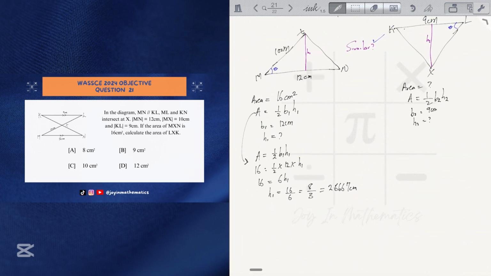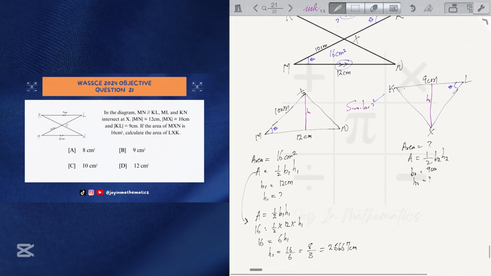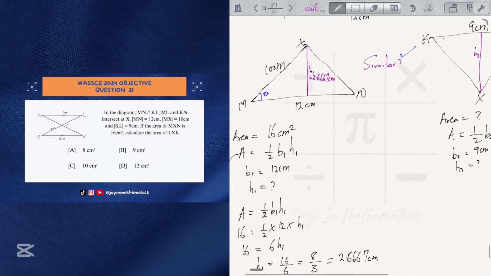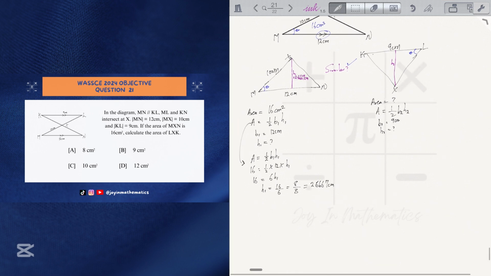So that is the value of H1. We can depict it in this diagram now, that H1 is equal to 2.6667 centimeters.